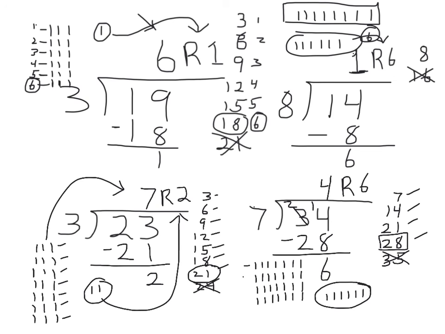So we have 4 groups of 7. And we have a remainder of 6.